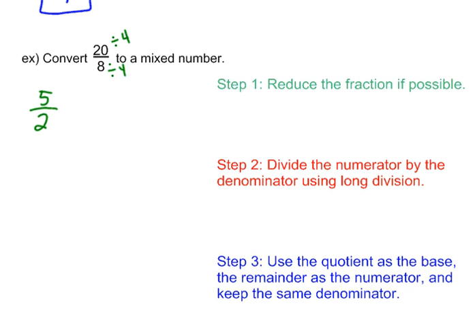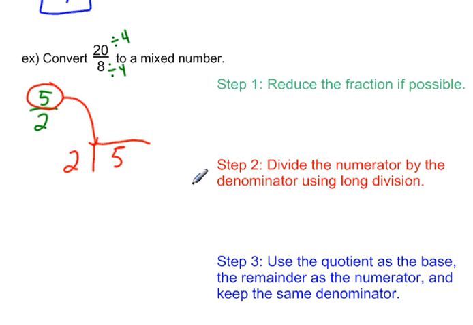Step number 2 says divide the numerator by the denominator using long division. That means we've got to have a long division box. Now, the number that goes inside this long division box is always going to be the numerator. So I'm going to take my 5 and plug it in. That means that the 2 stays on the outside of our long division box.